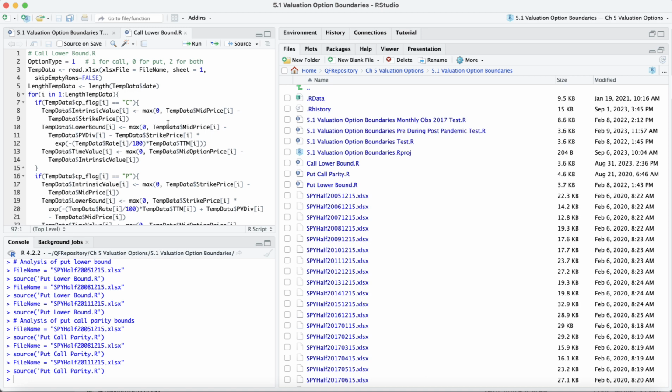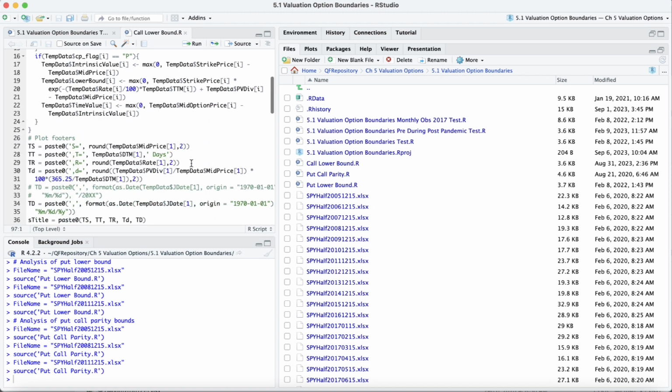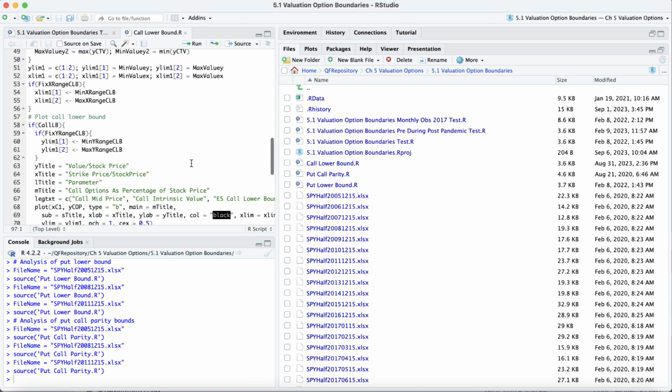The lower bound is the mid price minus the present value of dividends minus the present value of the strike, and so this is the lower bound. Time value is simply the mid price minus intrinsic value, and then there's a variety of different plots produced.